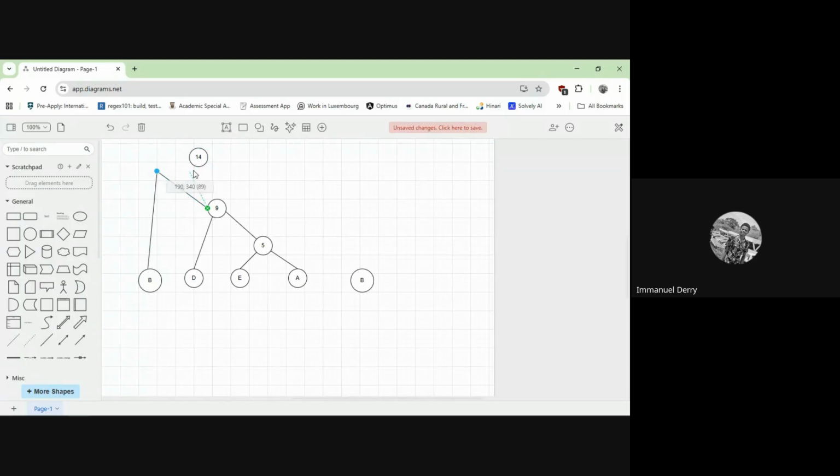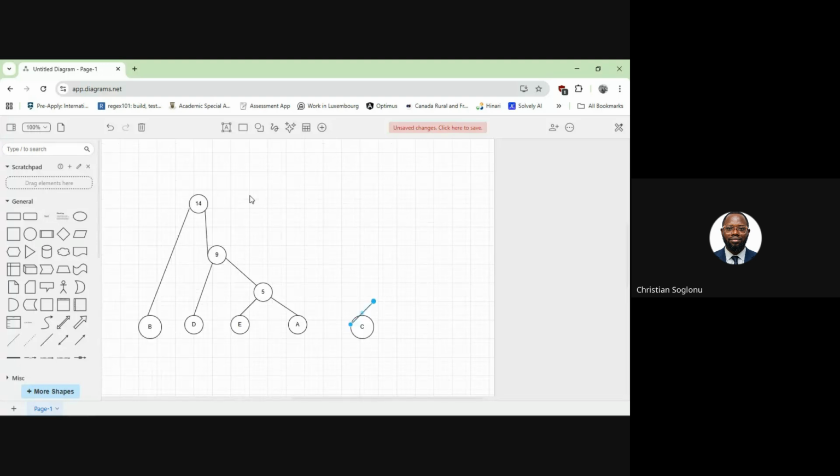I'm just trying to reconnect so that we can join them properly. All right, and then we have C over here, which is supposed to also connect here.